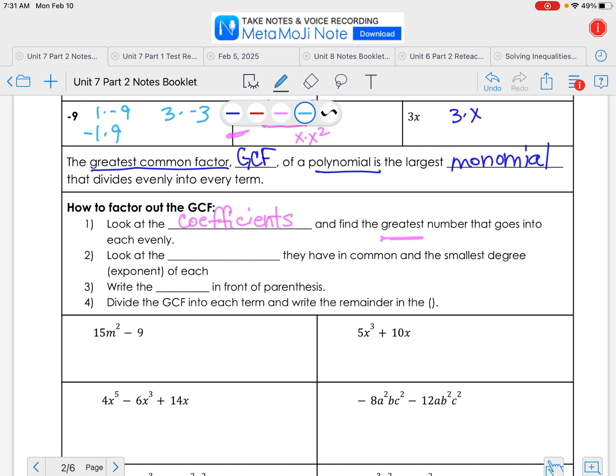Then you look at the variables they have in common. And the smallest degree of each variable, degree is the exponent, right, is your GCF. And then you have to write the GCF in front of parentheses, divide it into each term, and write the remainder in the parentheses. This will be a product that equals the original, and those are called factors.